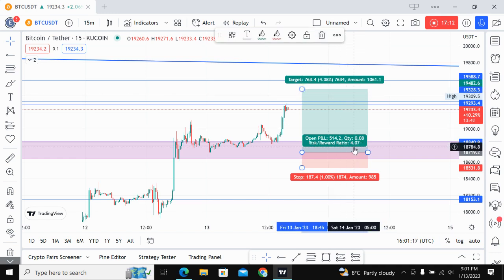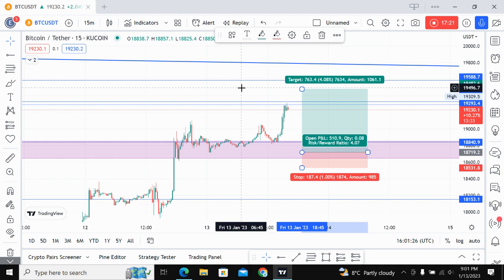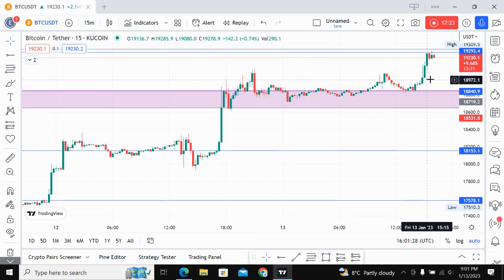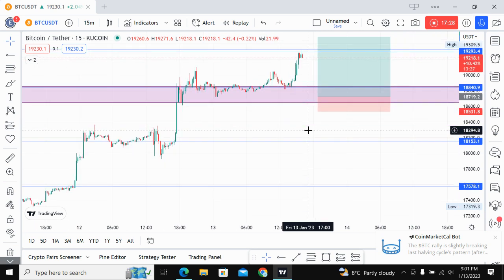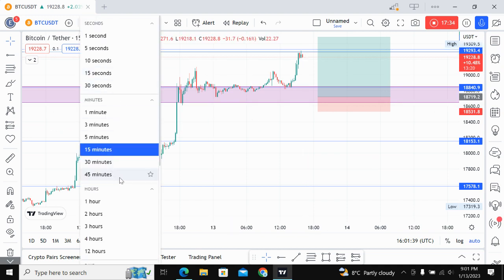So okay, your risk to reward ratio is 4. That means you're risking $15 for a profit of $60, and that's a great risk to reward. But you should not follow this. You should follow at least 1 by 2 or 1 by 1.5. That is possible and a good risk to reward.